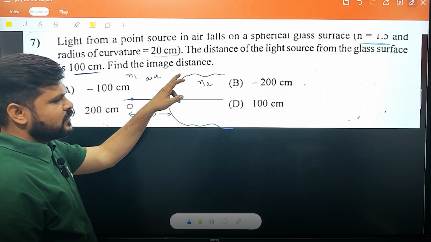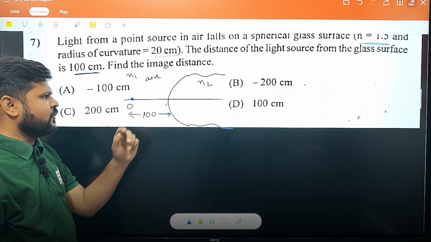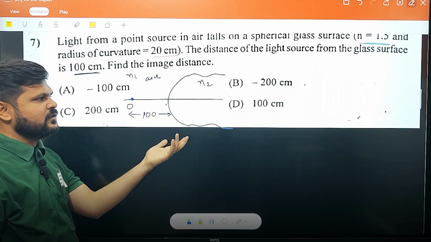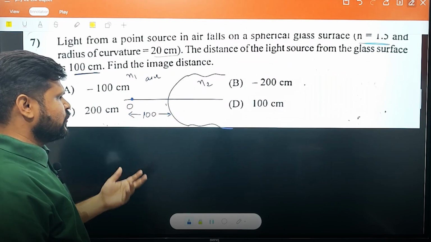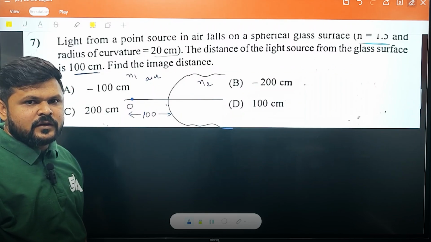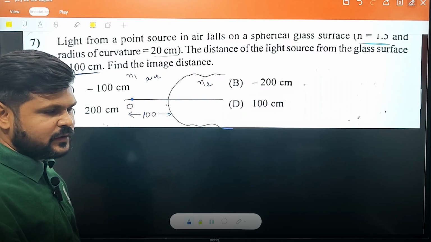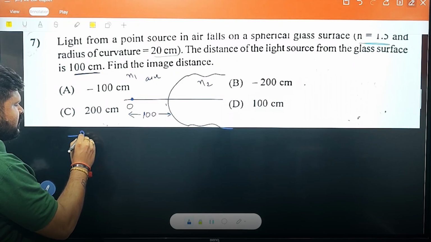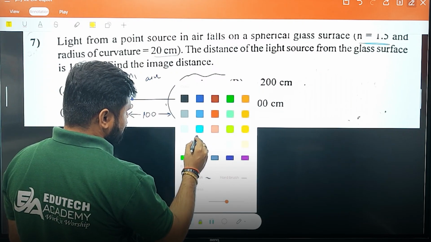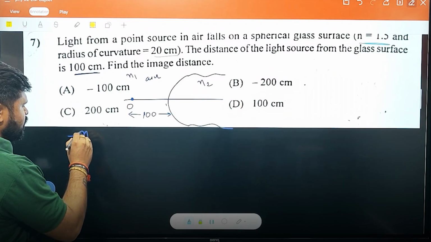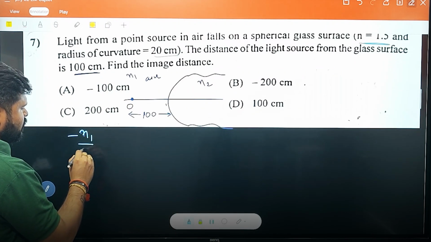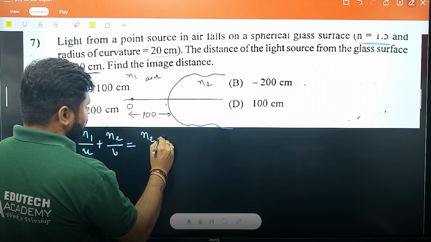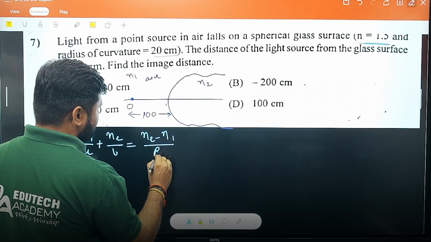Now this curved surface will generate this object's image. So our question is to find out that image distance. For this we will use the formula of refraction by a curved surface. Recall the formula of refraction by a curved surface, and that formula is minus n1 by u plus n2 by v is equal to n2 minus n1 upon r.